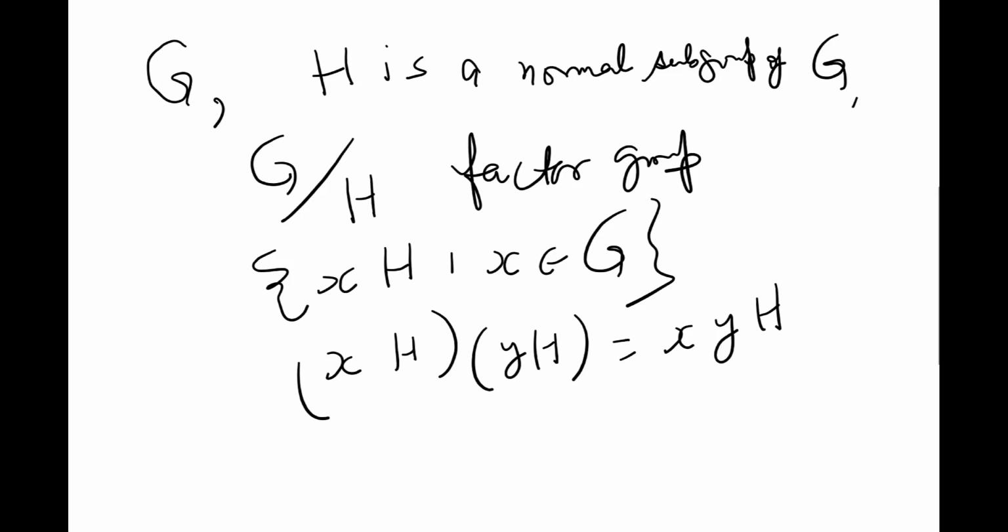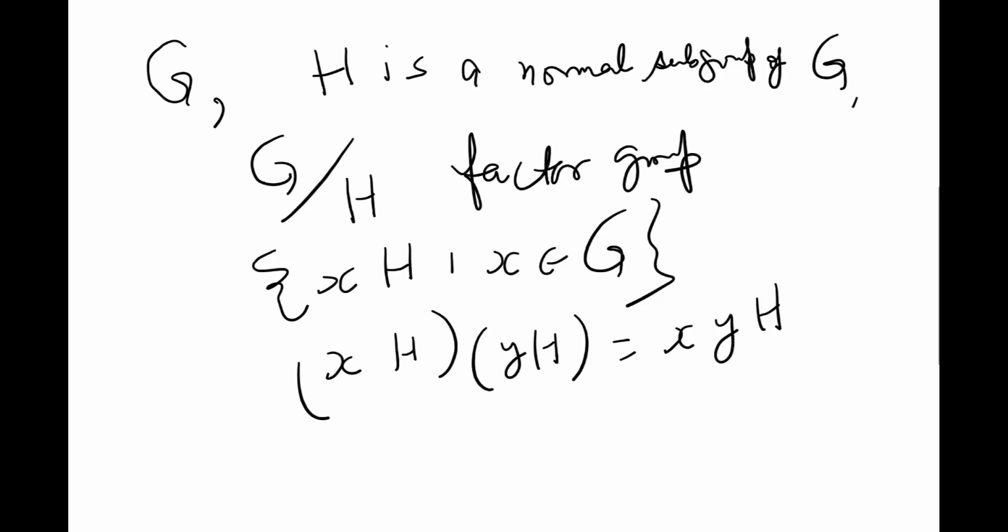So we saw that if a group is abelian, all the subgroups are normal subgroups. Even if it's non-abelian, we saw that sometimes, like in quaternion groups, all the subgroups were normal subgroups.